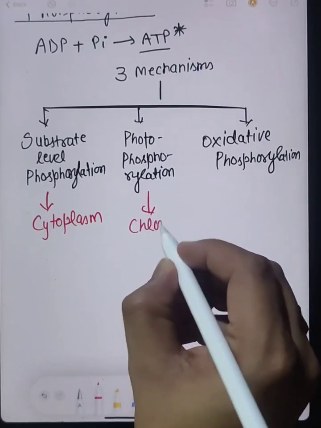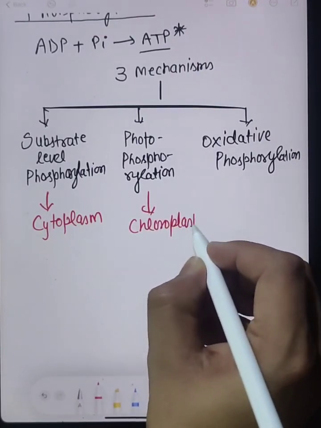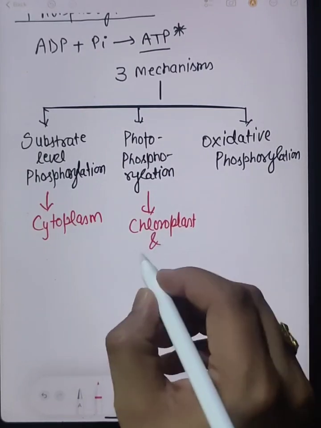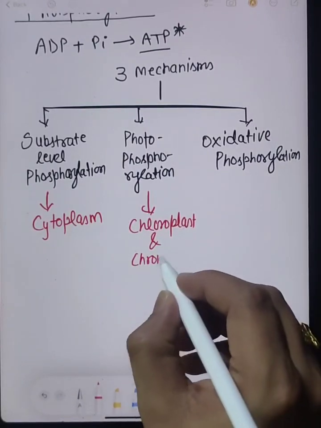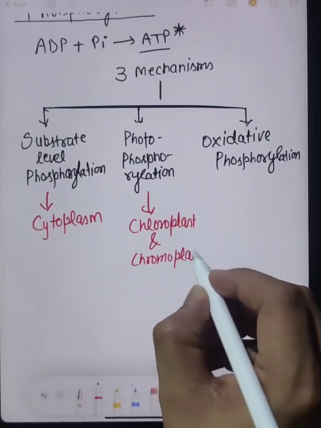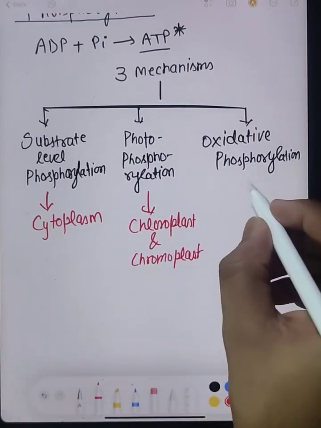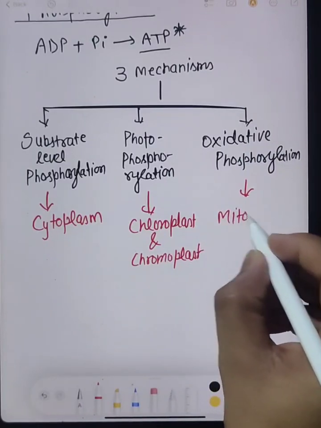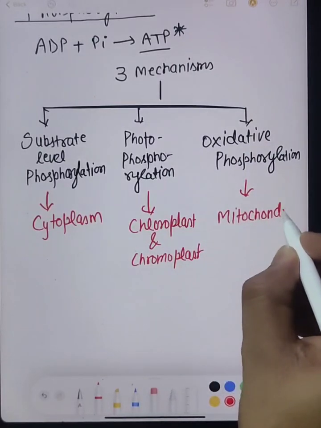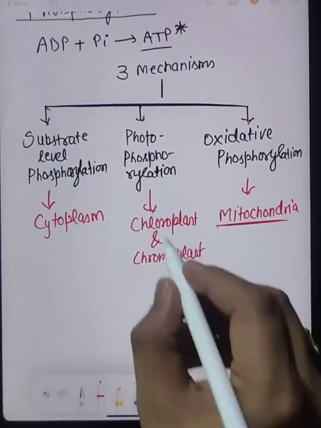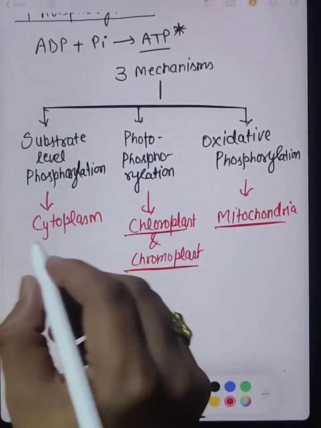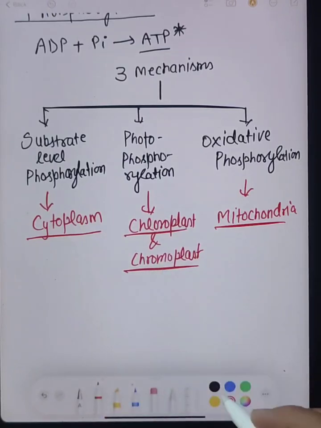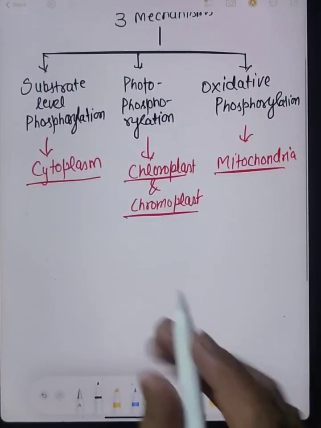Photophosphorylation takes place inside chloroplast or chromoplast, while oxidative phosphorylation takes place inside mitochondria. These are the organelles or cellular parts in which these phosphorylations take place.